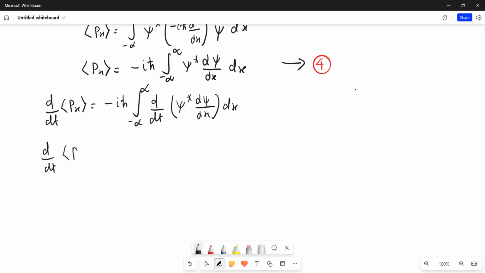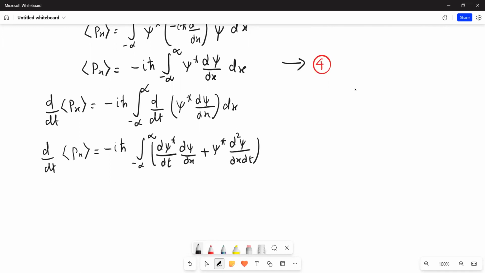Now please differentiate this one inside. What you will get? Dou psi star by dou t, dou psi by dou x, plus psi star dou square psi by dou x dou t, into dx. Now consider this equation as equation number 5.